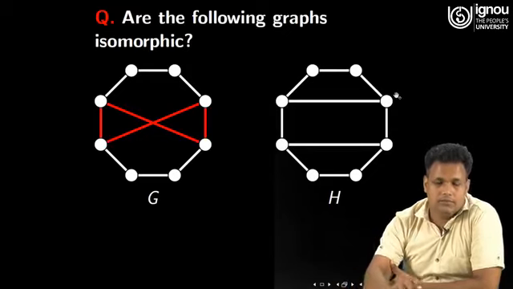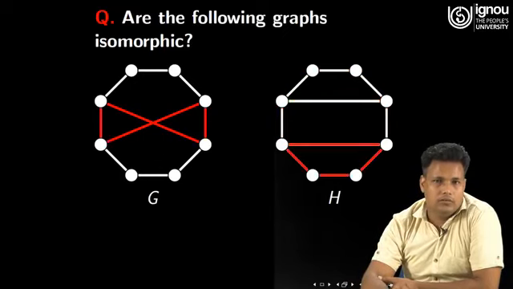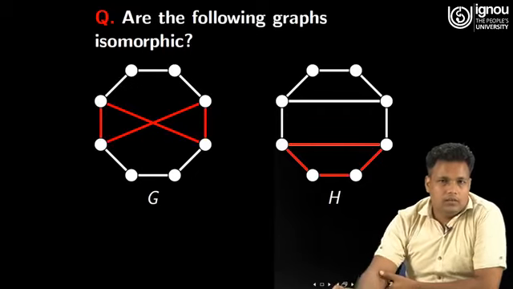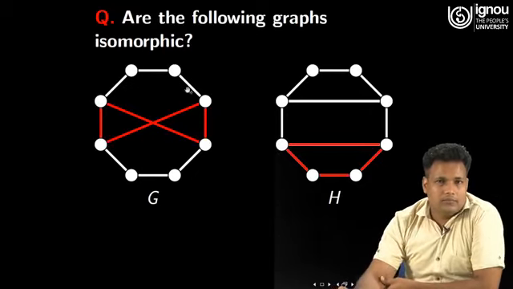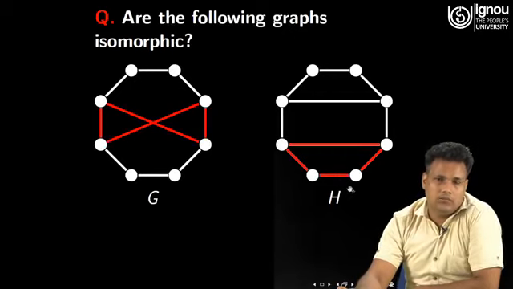Of course H has. This is one such cycle, and this is not the only one. This is also a 4 cycle, and this one is also a 4 cycle. Now this gives us a clue that G and H are not isomorphic, because G has exactly one 4 cycle and H has 3 4 cycles, and therefore G and H are not isomorphic.